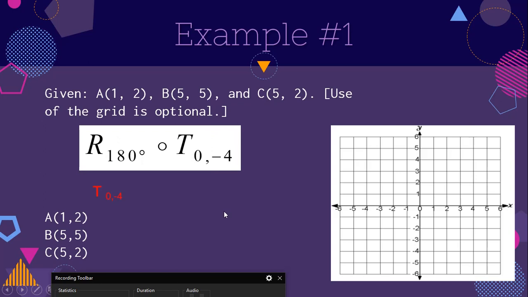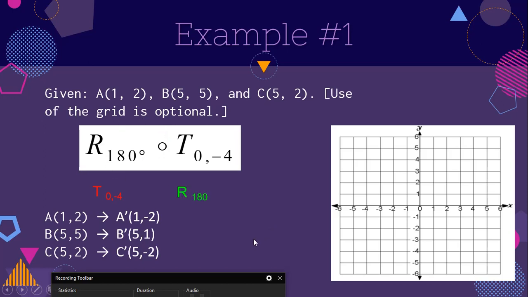So translation rules are adding and subtracting. We're going to add 0 to the x value, and we're going to subtract 4 from the y value. So A prime, 1 plus 0 and 2 minus 4. We'll use the same rule for B prime and C prime. Now, with the composition, we're going to build off our first prime, and now we're going to rotate 180 degrees.